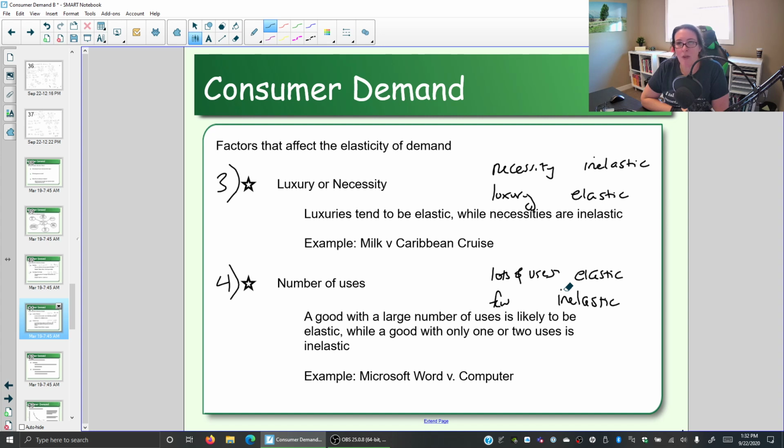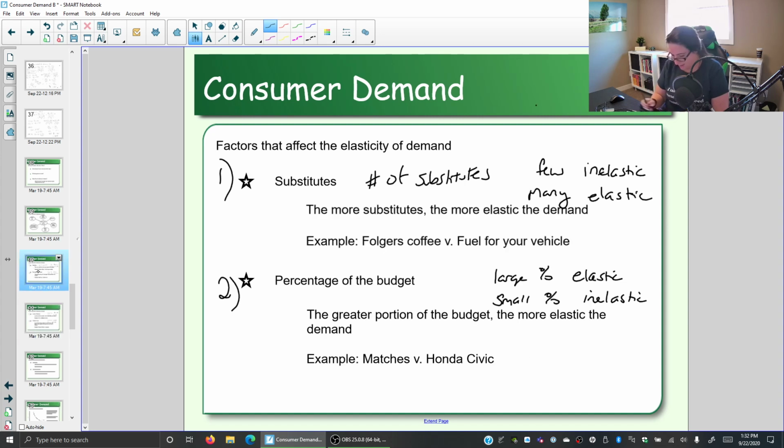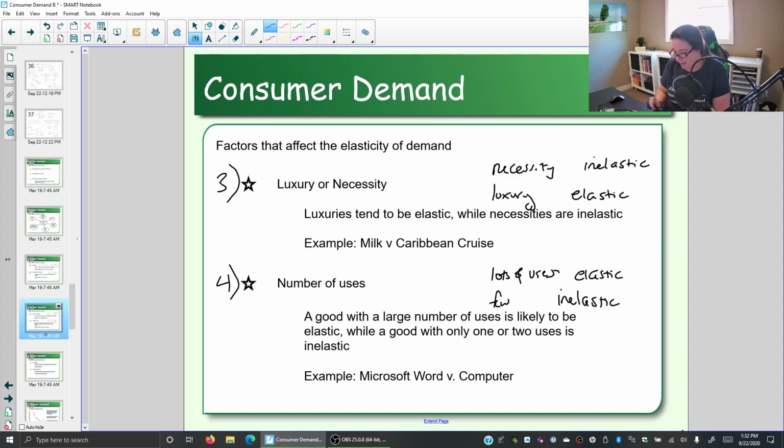So when there are fewer substitutes, fewer alternatives, it's going to be more inelastic. When it has a very specific use, it's going to be more inelastic. Okay. If it's a necessity to your job, right? AutoCAD for engineers, Excel spreadsheets for business people, necessity, inelastic. So we're pushing it further on that continuum.